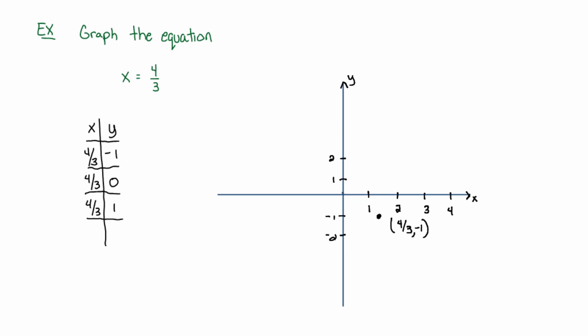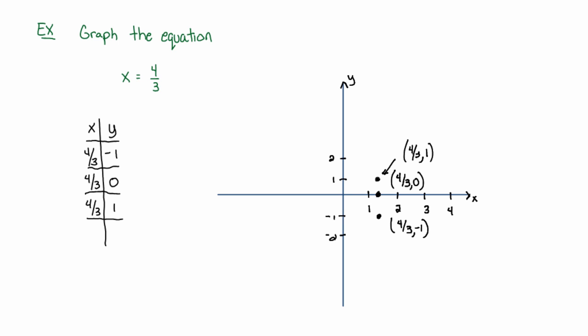When y is 0, so I go nowhere in the y direction, my x value again is 4/3. I'll plot that in there. So again, that's (4/3, 0). And finally, when y is 1, that point right there is (4/3, 1).